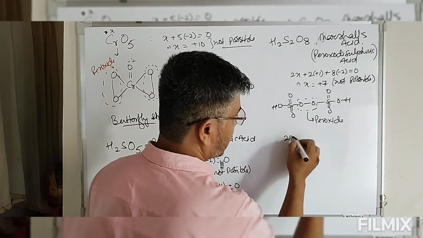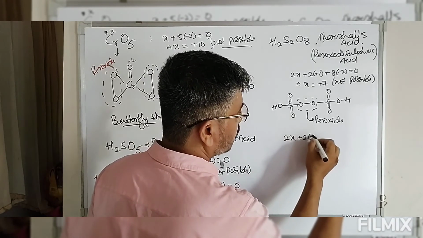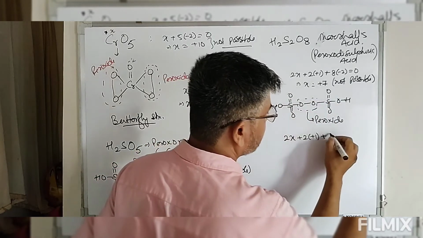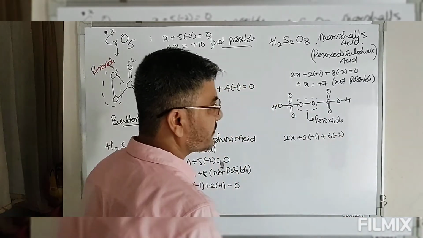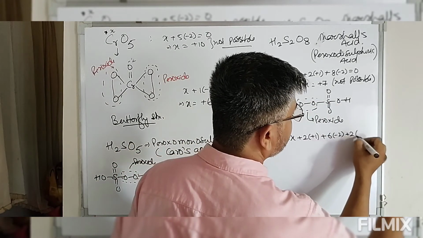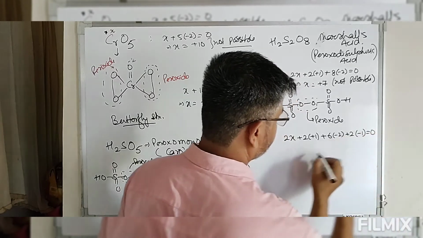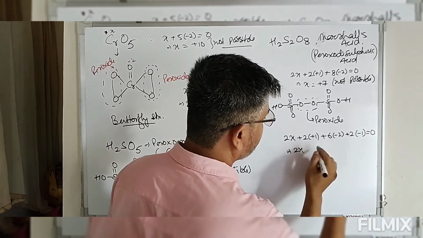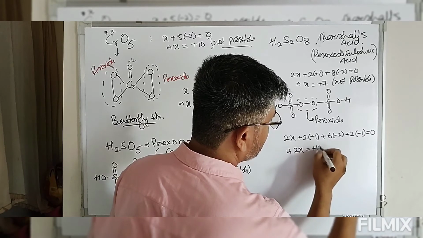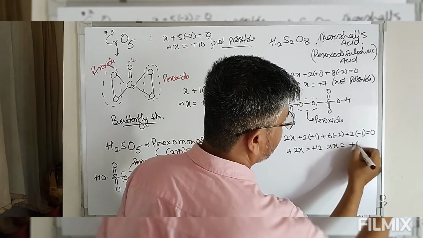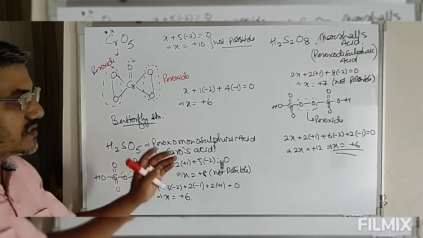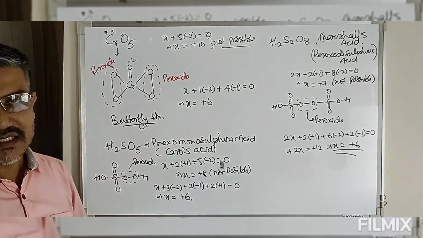So we have 2 sulfur, 2 hydrogen, 6 oxygens in normal oxide form and 2 oxygens in peroxide form. So twice x, plus 2 minus 2 cancel out, 12 plus 12, so therefore x is equal to plus 6. So again in this peroxodisulfuric acid, the oxidation state of sulfur is again plus 6.